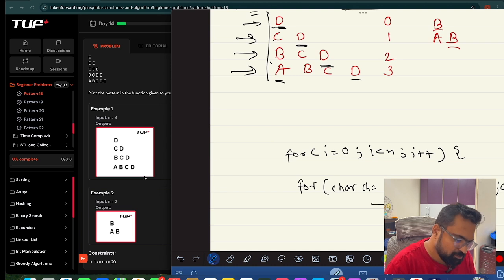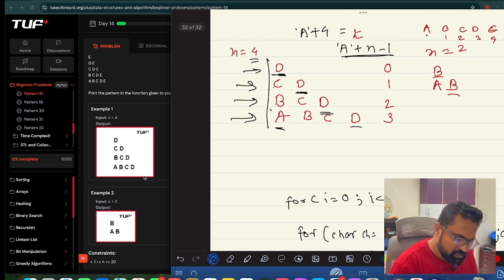Now we have to identify from where it should start. If it were A B C D, then we should have written A everywhere, but it is not A everywhere. It is different in every case, so we have to identify that formula also, with respect to whatever variables we have. We have n and we have i.